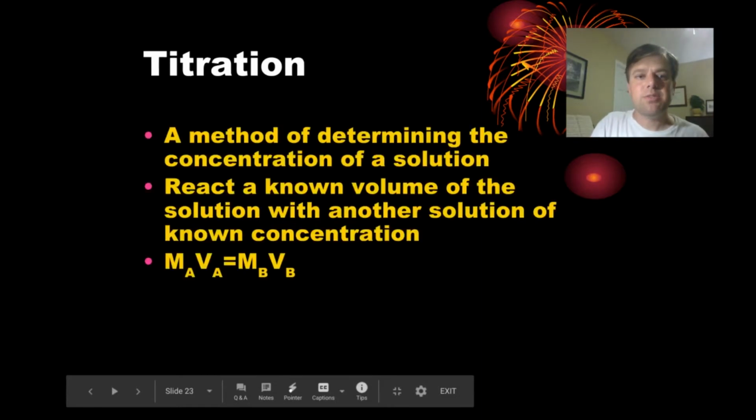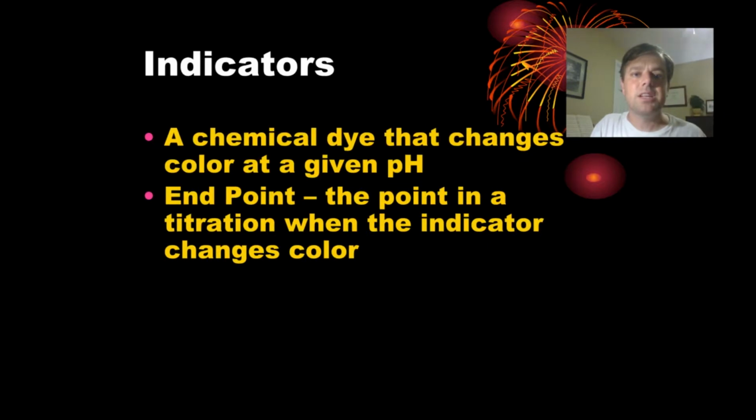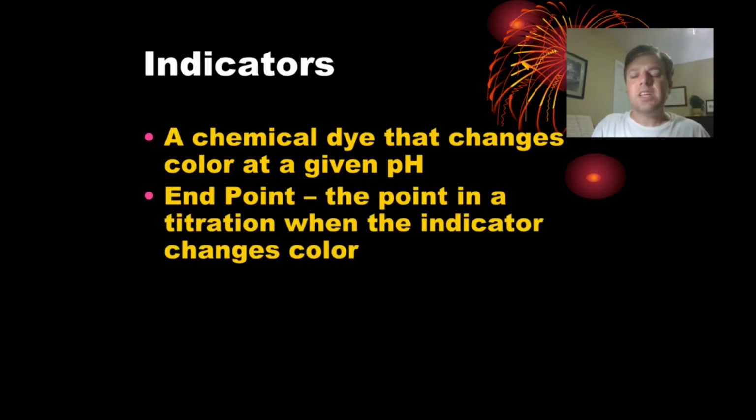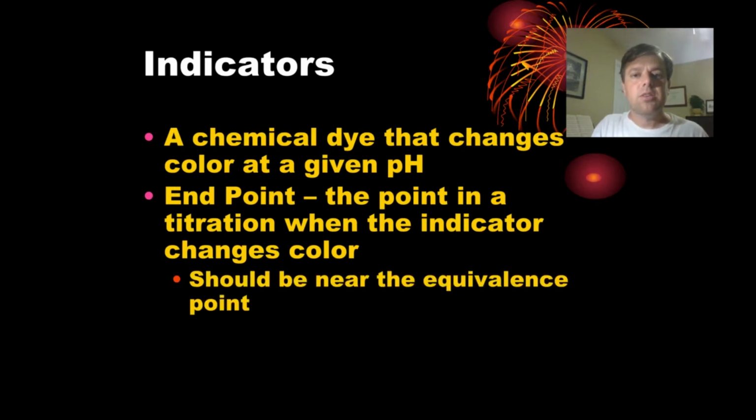To know when you have reached the equivalence point, we use indicators, which we learned about yesterday. There's this thing called an end point in a titration, and that's the point where the indicator changes color. You want that to happen near the equivalence point so that you know to stop.